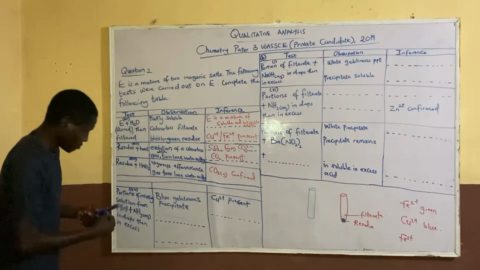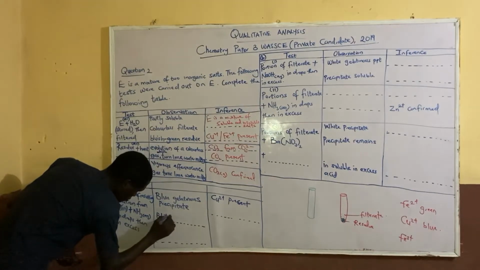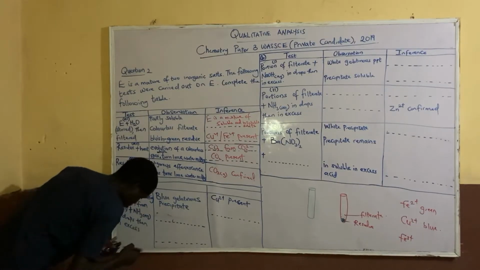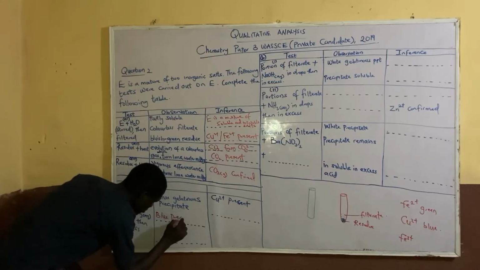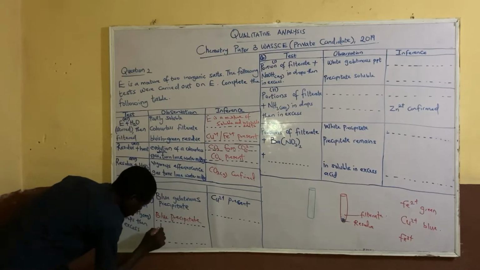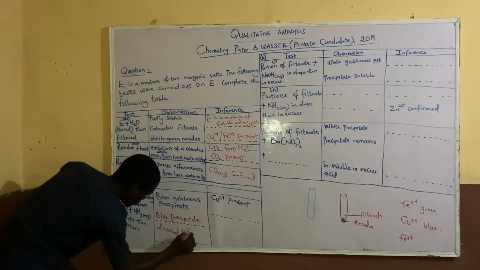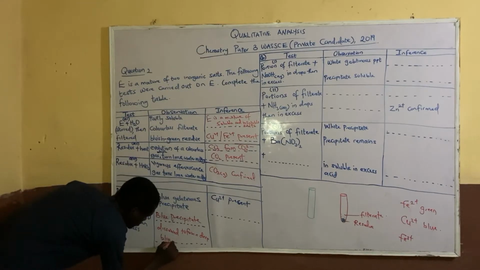Now, what do you observe here? Blue precipitate dissolved to form a deep blue solution in excess aqueous ammonia.